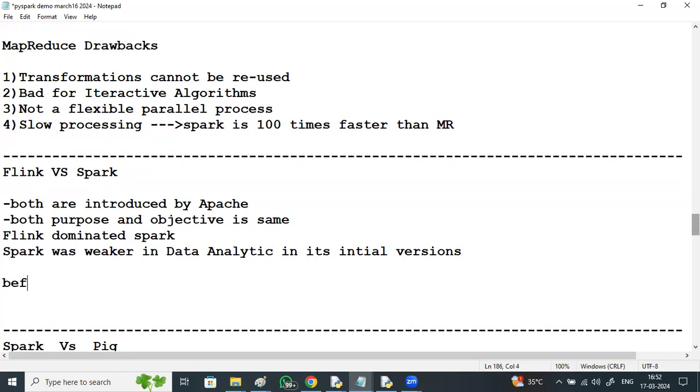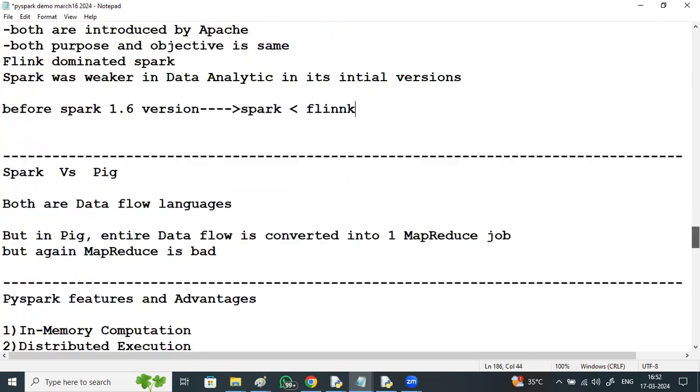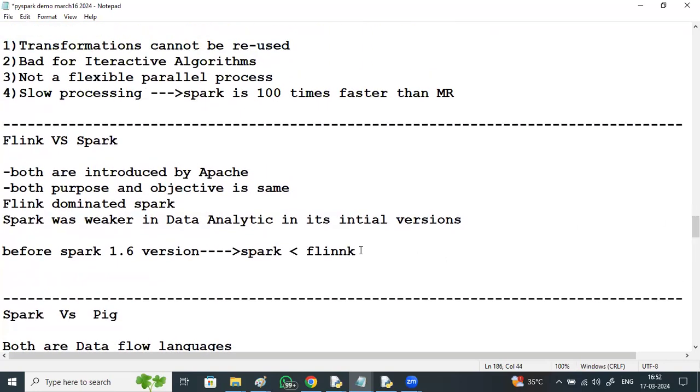Before Spark 1.6, Flink dominated Spark.